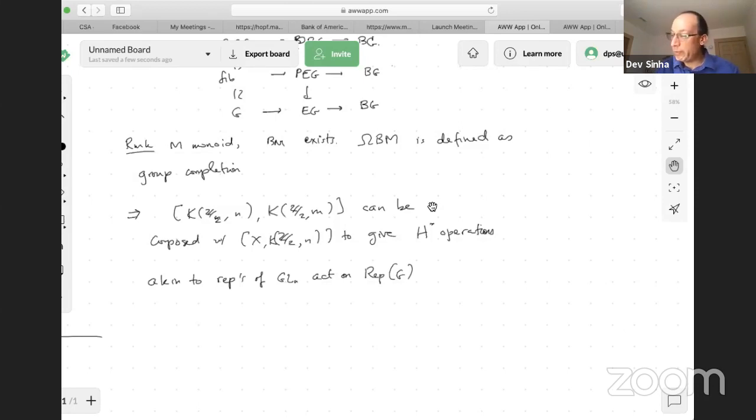We won't digress, but this is entirely categorical. Once you have a representing object, you can look at its automorphisms, and that gives you operations.